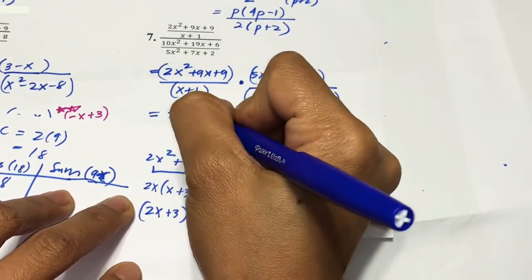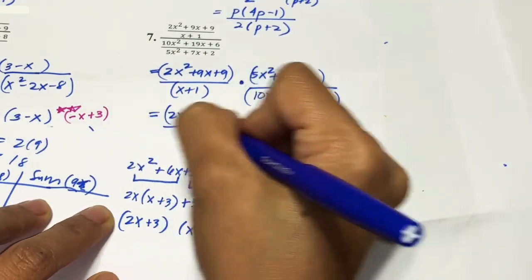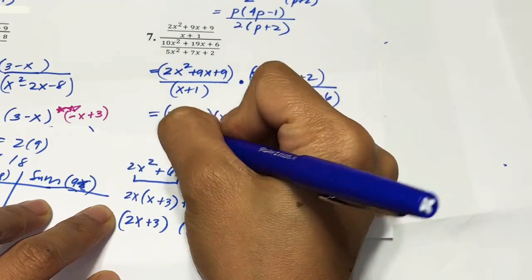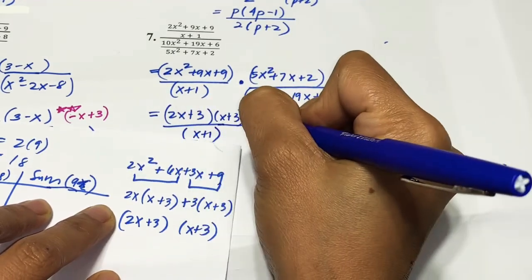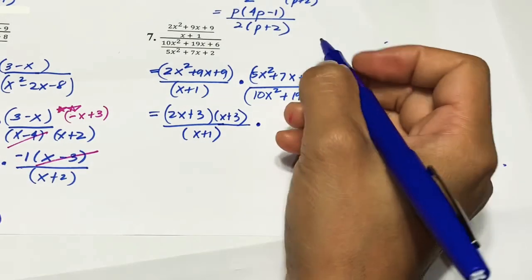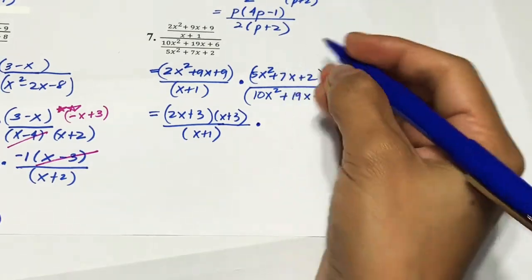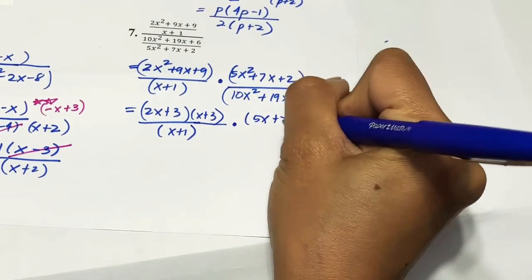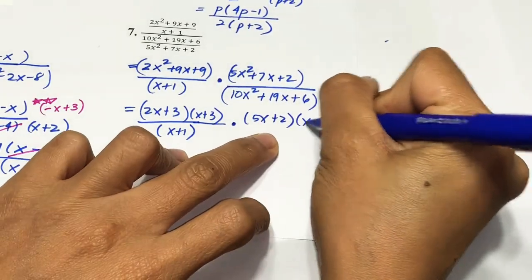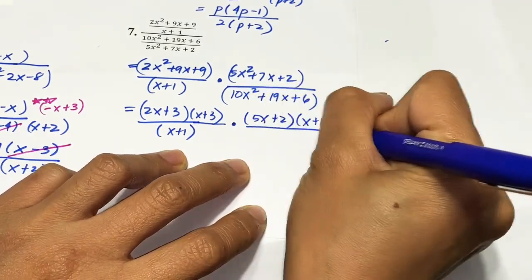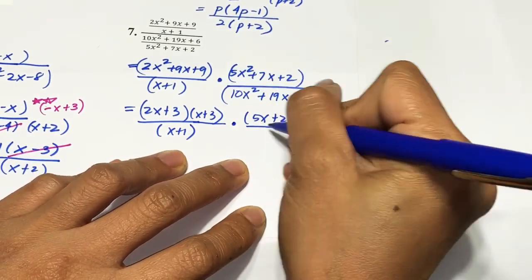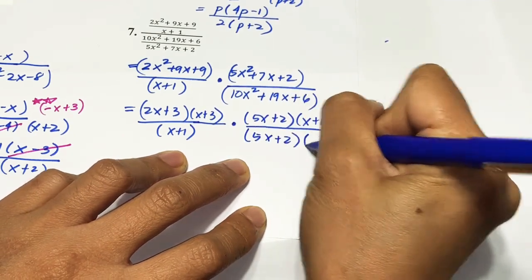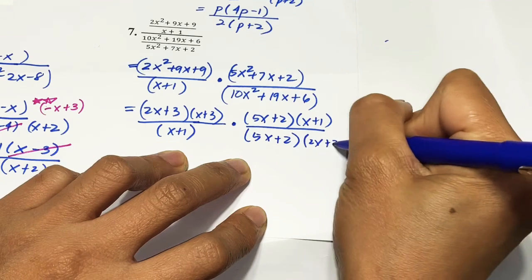So 2x plus 3, x plus 3 divided by x plus 1, times, okay, I'm not going to do this. I'm just going to give you the factors here. So the numerator is 5x plus 2 times x plus 1, divided by the denominator, 5x plus 2 divided by 2x plus 3.